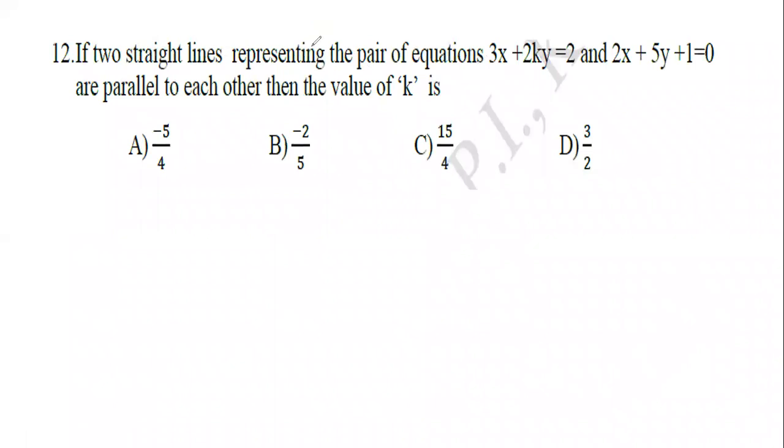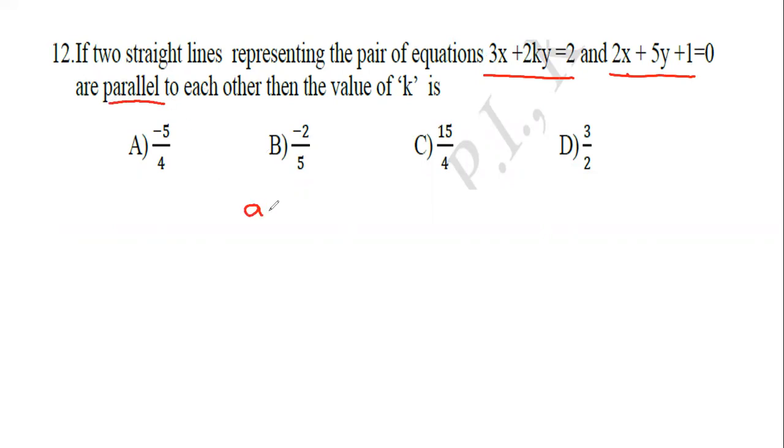Two straight lines representing pair of equations. Okay, 3x plus 2ky is equals to 2, and 2x plus 5y plus 1 is equals to 0. Are parallel.